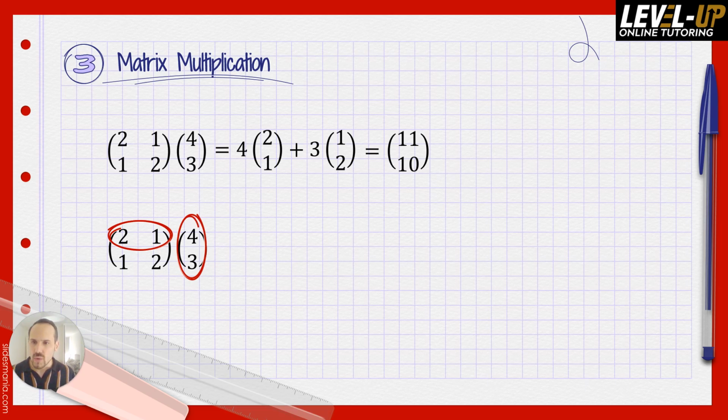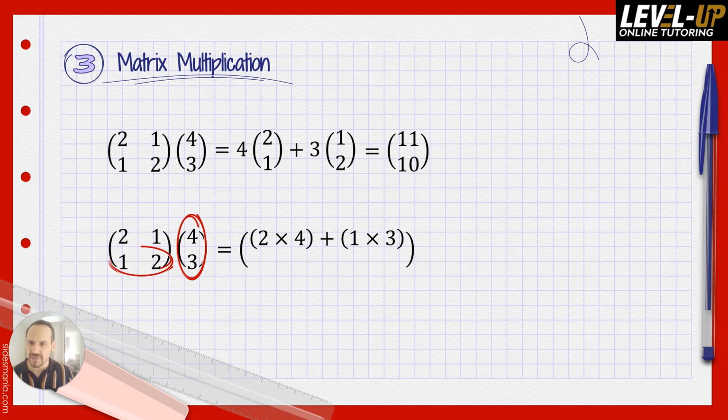So what that means is we're going to get a value. The first value is going to be this. So we do 2 times the 4 and we do 1 times the 3. So we work our way across each value in that row and each value in that column. We read left to right in the row and top to bottom in the column, and we multiply the elements.